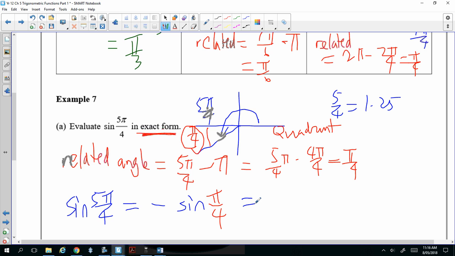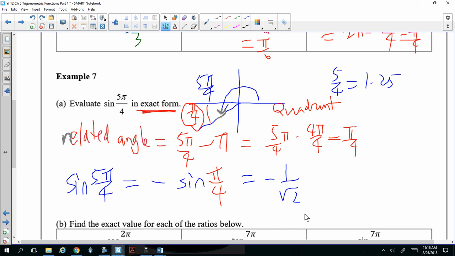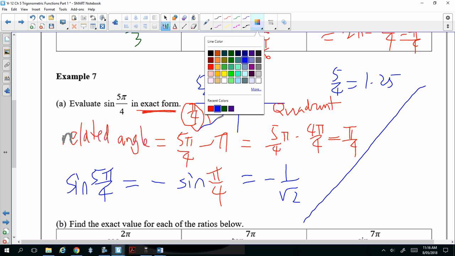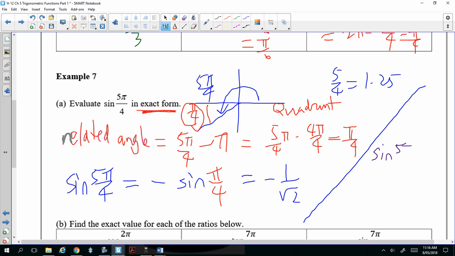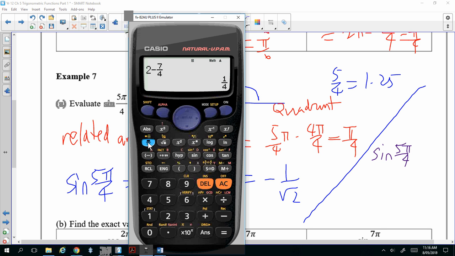Now, I haven't shown you the other way. The other way is to convert everything to degrees, which can be wrong, so it can be very long. So for 5 pi over 4, you have to do the extra step of converting: 5 pi over 4 times 180 over pi, which is 225. And then after you do sine 225, you draw the quadrant over here and find the related angle, which is 45.